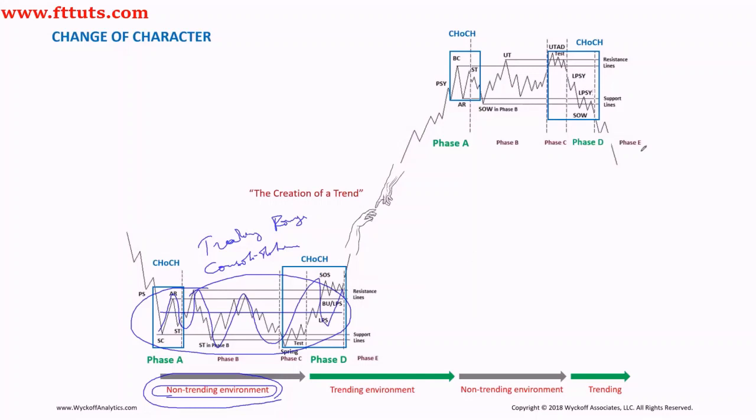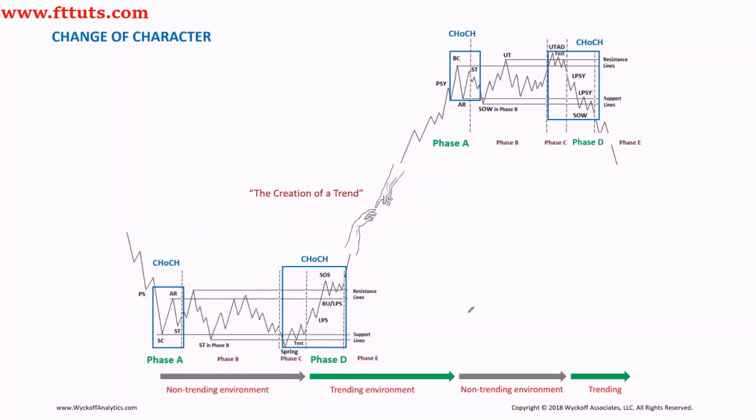We'll discuss later some other trading ranges which are upsloping and downsloping, and I'll give you the definition and the rules as to how to construct those. But for now, we are either discussing a non-trending environment or a trending environment.